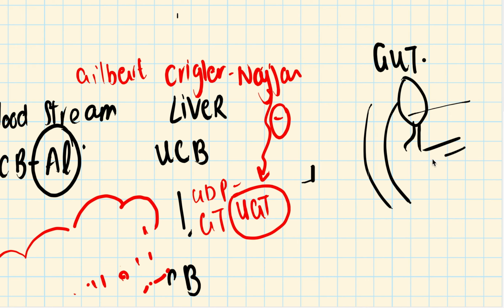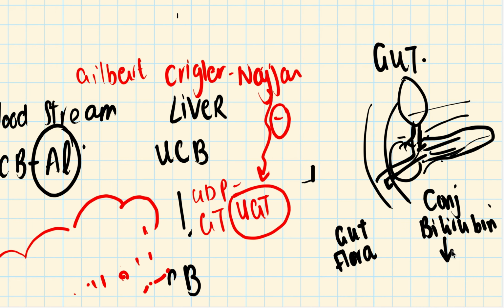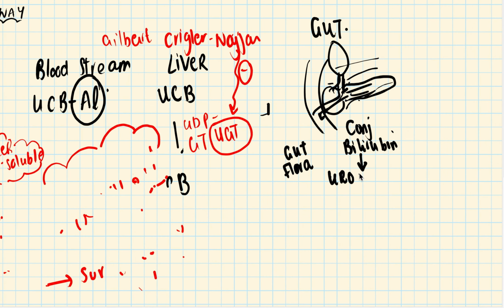After the liver, you want that conjugated bilirubin to get into your intestine. So what happens in the gut? In the gut, you have your normal intestinal flora. These are the normal bacteria present in your gut, which are then going to help turn that conjugated bilirubin into urobilinogen.